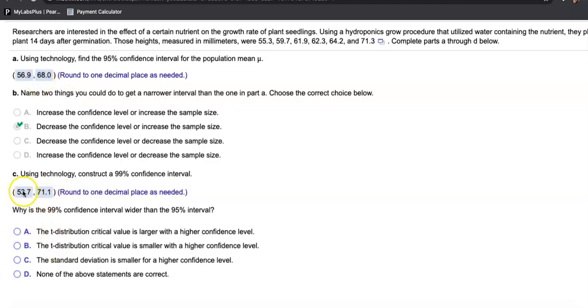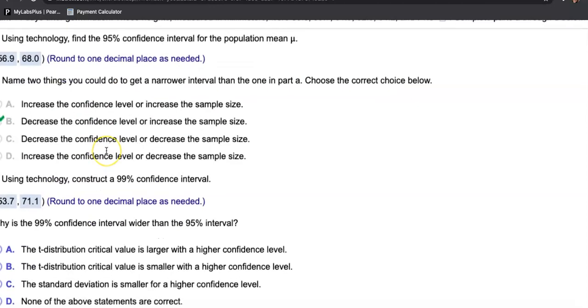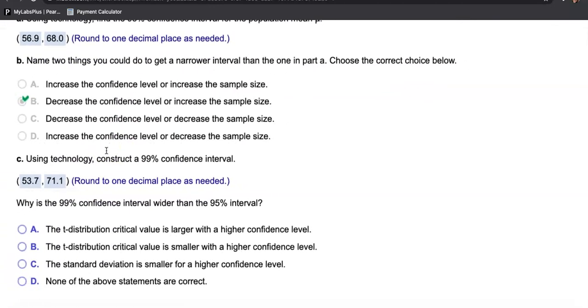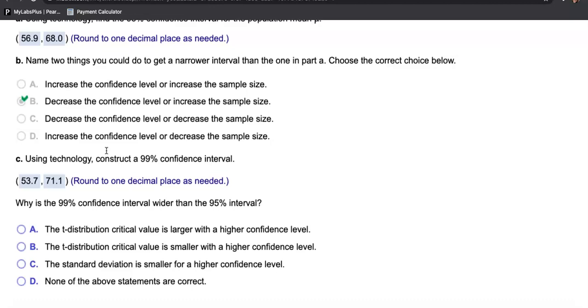So the interval got wider because we said, I want to be 99% confident. So it's not as precise as 95%, but that's what it is.